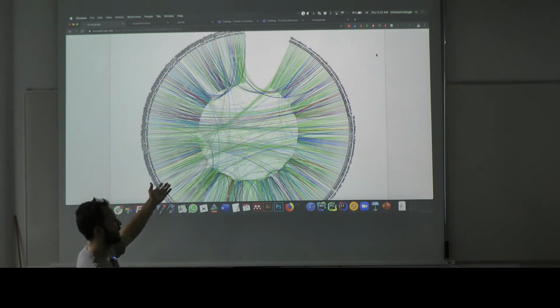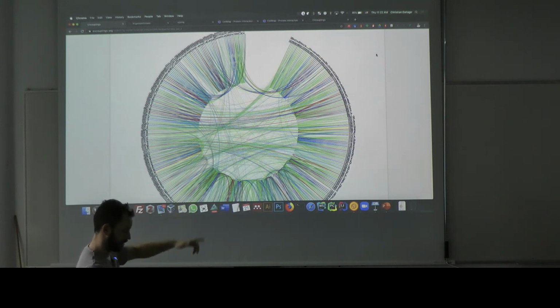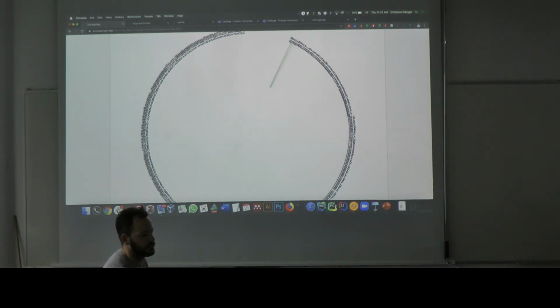It becomes very complex because you might have a lot of these lines, and a lot of amino acids, so residues on your protein. But you can zoom into any of these positions and see how strongly this position is correlated with other positions in the sequence.